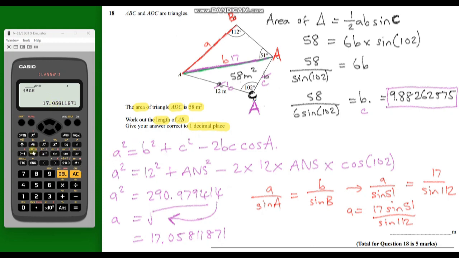So we're going to get the fraction button up, and we're going to do answer times the sine of 51, and then go into the denominator and do the sine of 112. Okay, and then press equals. I think we probably should have had a drum roll for that because we deserved it. And we get an answer of 14. What do we need to round to? 1 decimal place. So that would be 14.3.